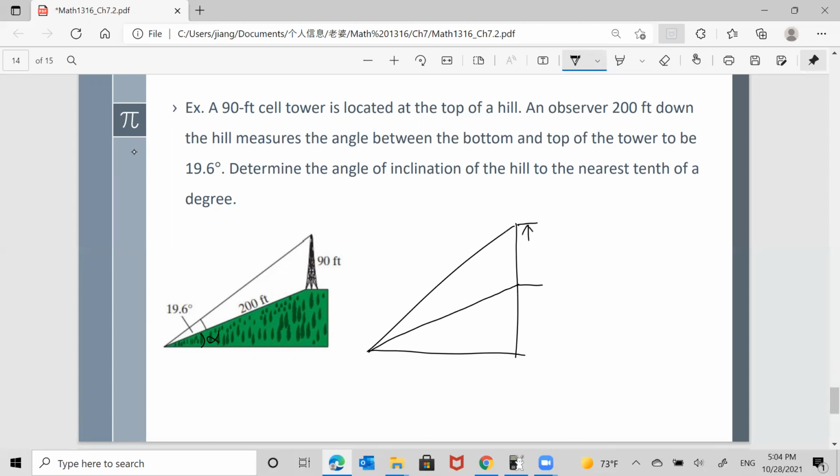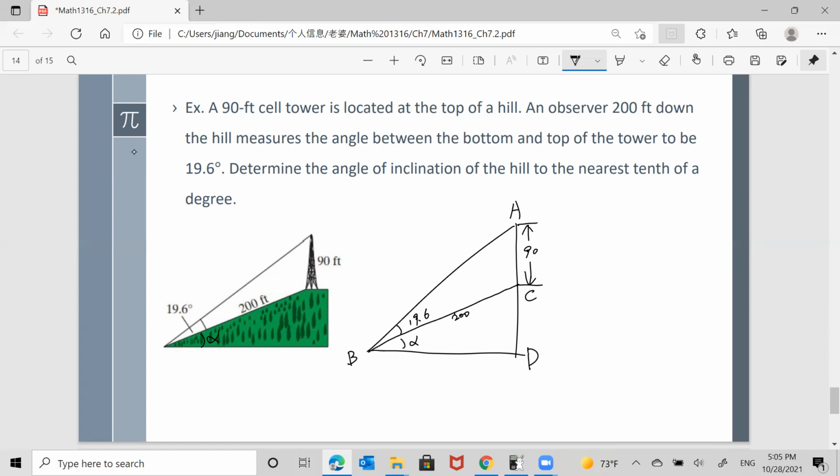So this one is 90 feet, that's the height of this tower. And from here to here is 200. And alpha is the angle we're looking for. This one is 19.6. So for example A, B, C, D.